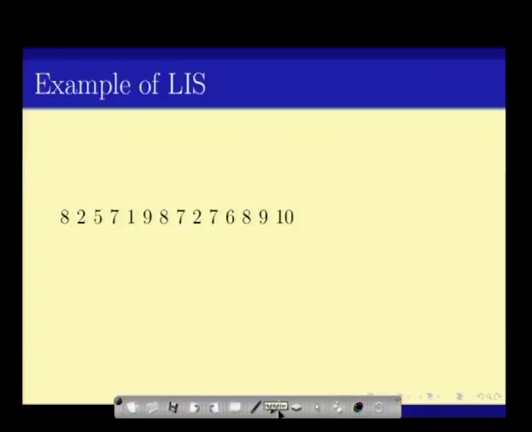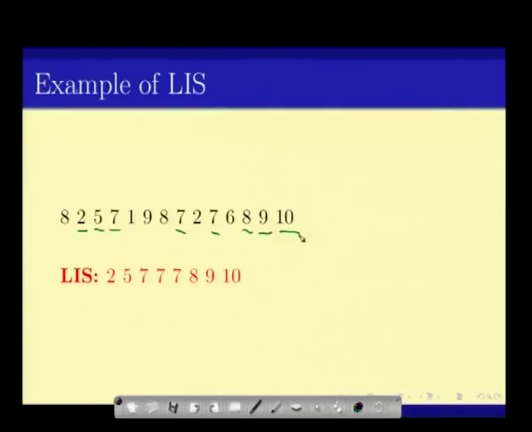Say in this case, the longest increasing subsequence is quite long. It is actually this one with 8 elements: 2, 5, 7, 7, 7, 8, 9, 10. This is the longest increasing subsequence.